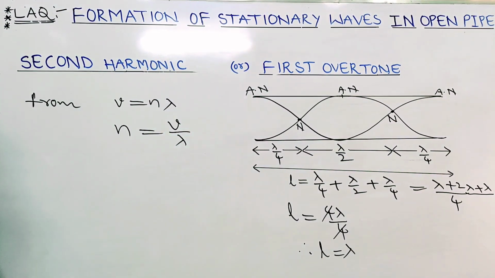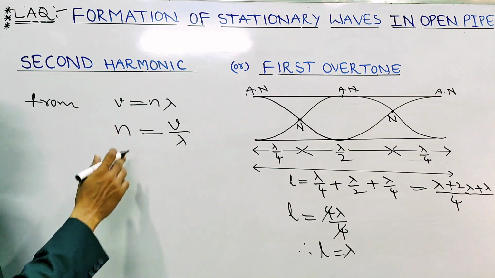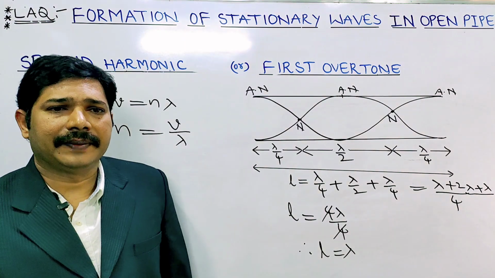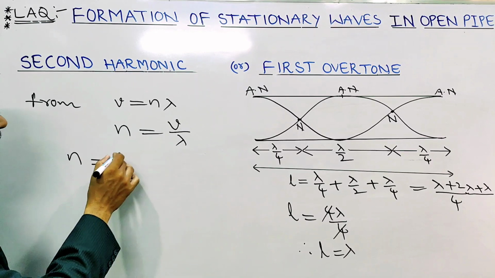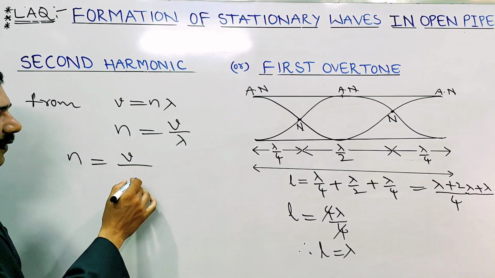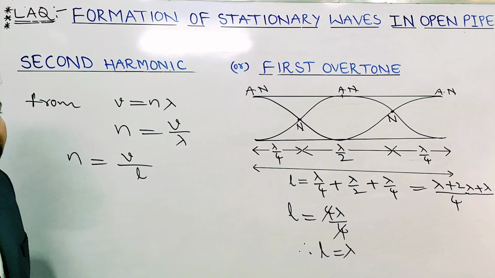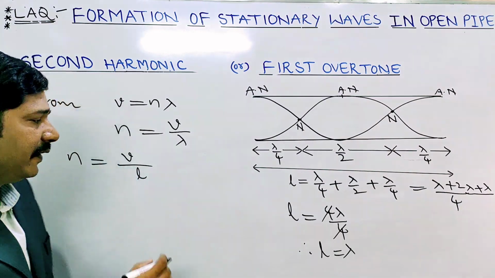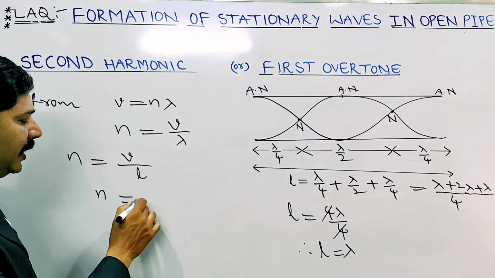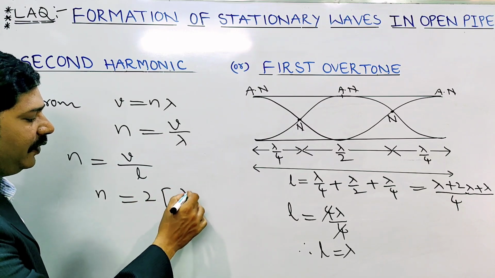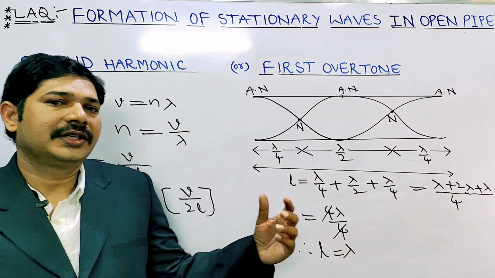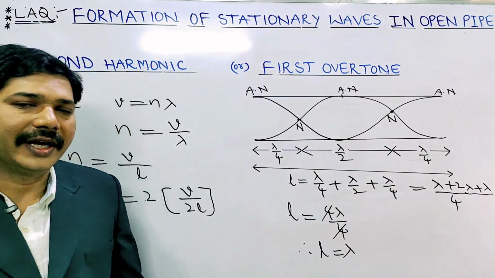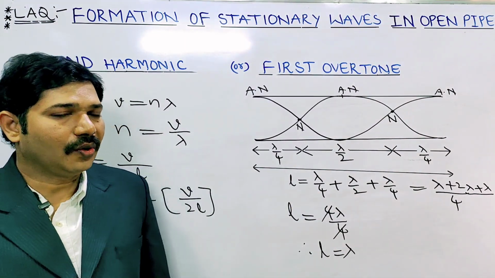Now, from v equal to n lambda, same formula. N equal to v by lambda. Here N equal to v by, substitute the lambda value L. Here I am multiplying and dividing with 2. What happens then? N equal to 2 into v by 2L. V by 2L means what? The previous case we observed, that is fundamental frequency in open pipe.